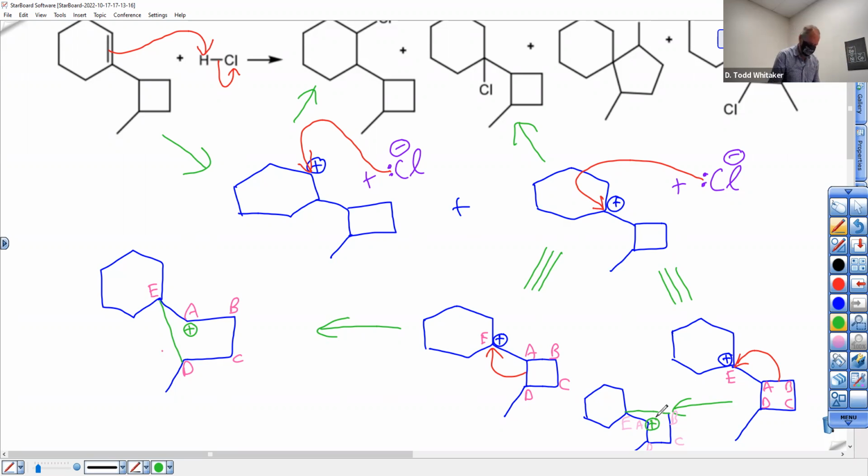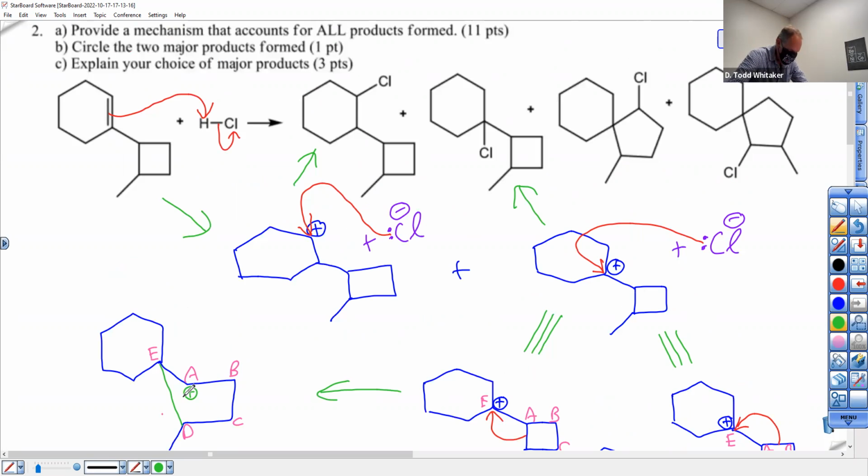And then one of these makes product 3. That's this one. How do I know? How do I know this one gives the third product? Take a look. It's got A, one away from the bridgehead. And that's going to be where the Cl goes because that's where the plus is. That's that one.